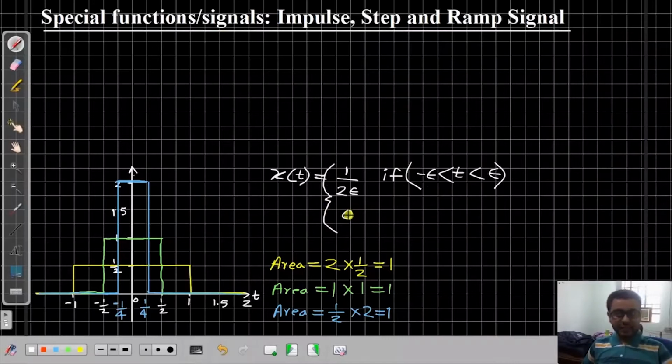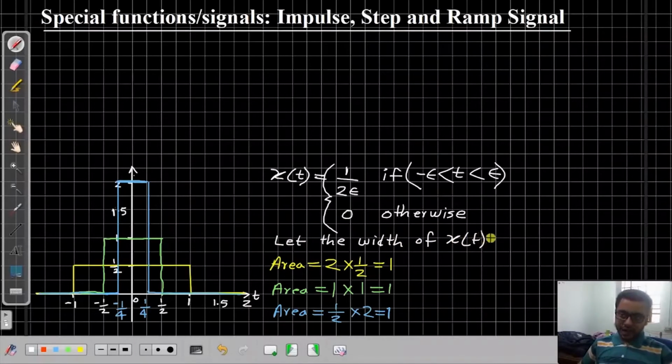Outside this region, the height of the signal is 0. Now let the width of xt, which is the same as 2 epsilon, be very small, or let it go close to 0.